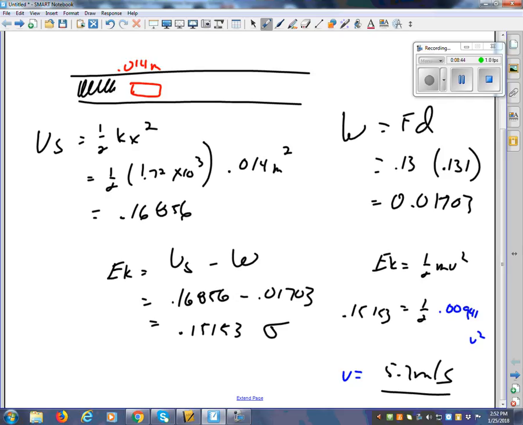I actually did mine using dynamics. I did these first two steps. PJ, here's yours here. I did mine by taking that 0.17 and figuring out how much force there was going to be applied based on that work.